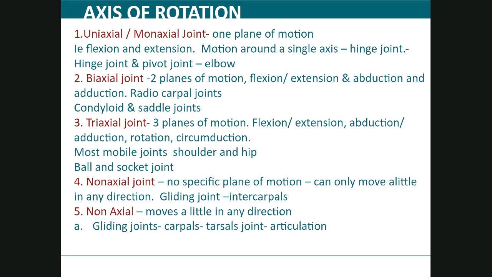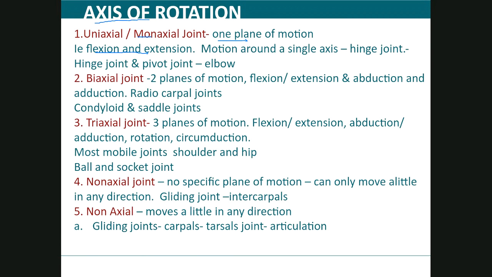So when we're talking about axis of rotation, we describe it in 3 ways. The first one you'll see is called monoaxial. That means the movement is only in one plane. So usually, as in a hinge joint, which is our elbow joint, we can only flex and extend it, so that's movement in one plane, or monoaxial.